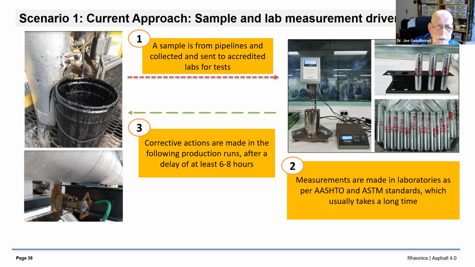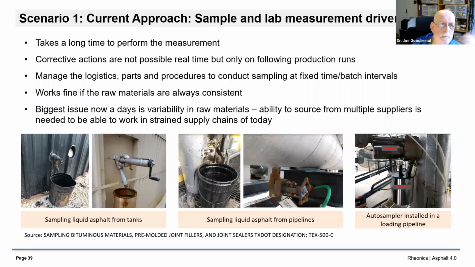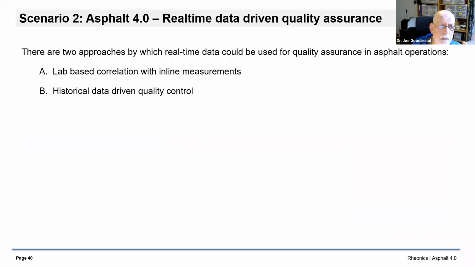Typically, I think we've been over this already, you make a measurement and sometime later you get results back from the lab. A lot of time has passed and it doesn't really reflect the material that you're flowing or processing. So we've also been over this. Okay, let's go on to the next one.